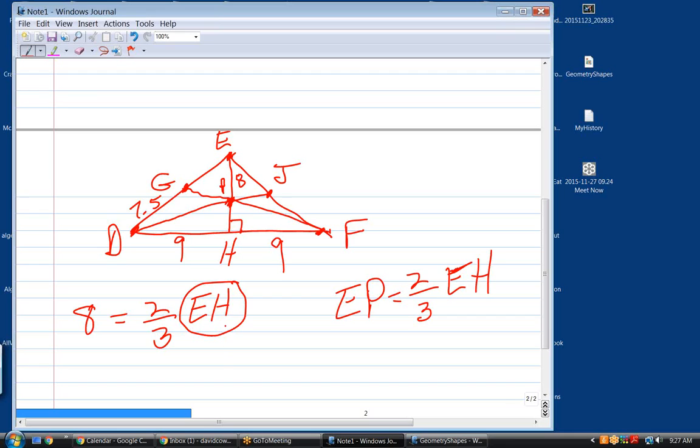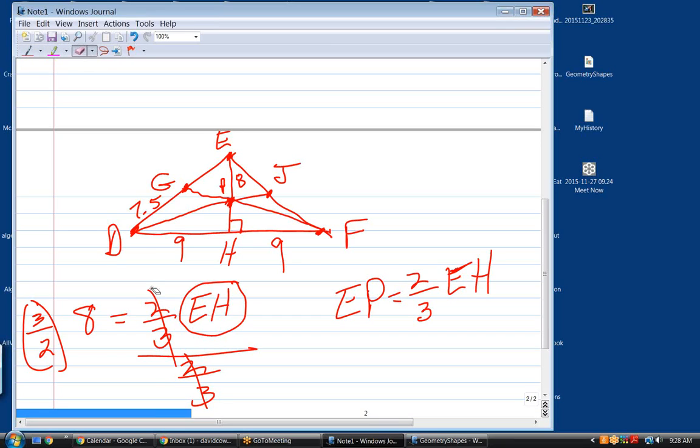What is the 2/3 doing right now? It's multiplying, so we need to divide. I would divide both sides by 2/3, and that gets rid of the 2/3. Dividing by 2/3 is the same as multiplying by 3/2, so I'm going to multiply both sides by 3/2.